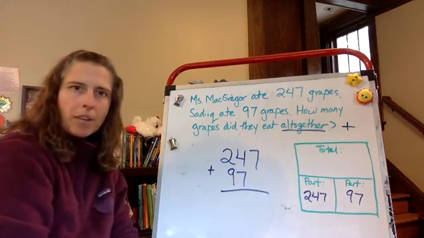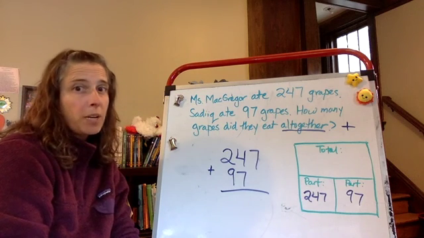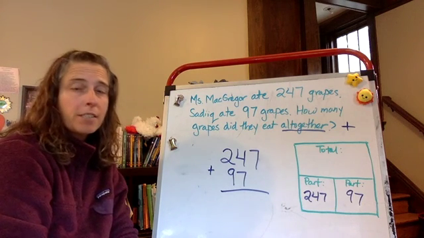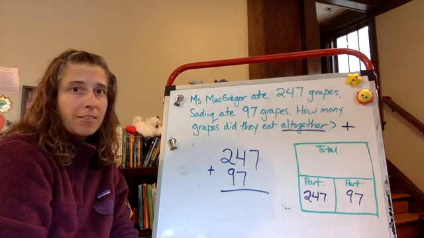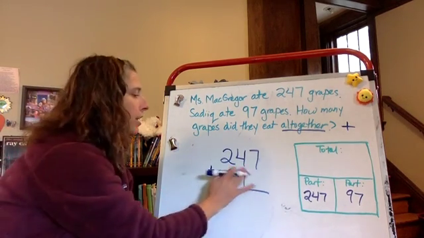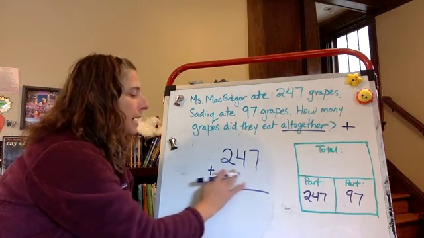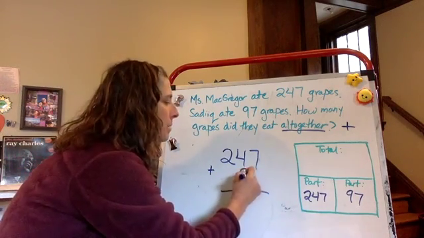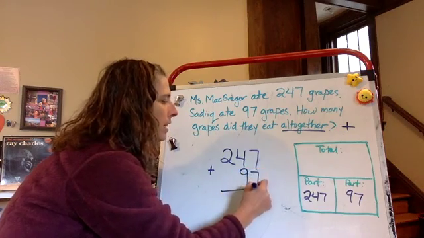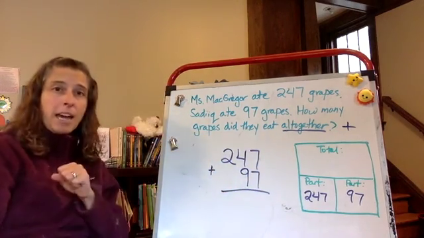I did something wrong. If you don't know what it is, why don't you pause the video and stop and think about what that is. Okay, you're back? Sounds good. What I did wrong is I didn't line up my numbers in that ones column. So they need to be lined up, and here I am right now lining them up in the ones column. Now I'm ready to add.